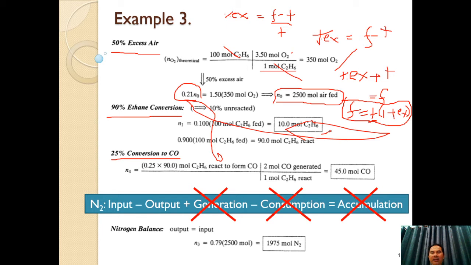You get the unreacted ethane is 10 mole. Easy for this case because feed is 100, but 90 reacts and 10 is unreacted. This means 10 mole is unreacted. Then you can calculate the amount of ethane reacted is 90 mole.